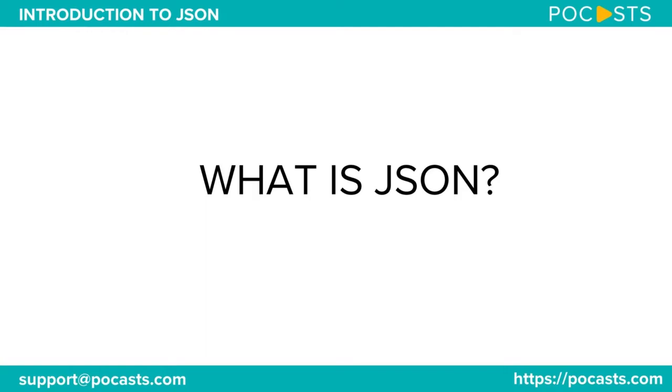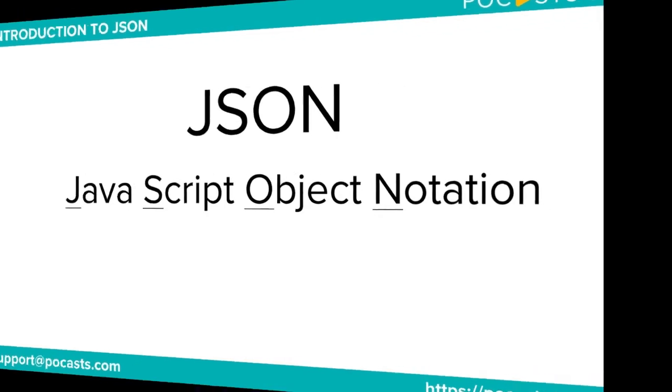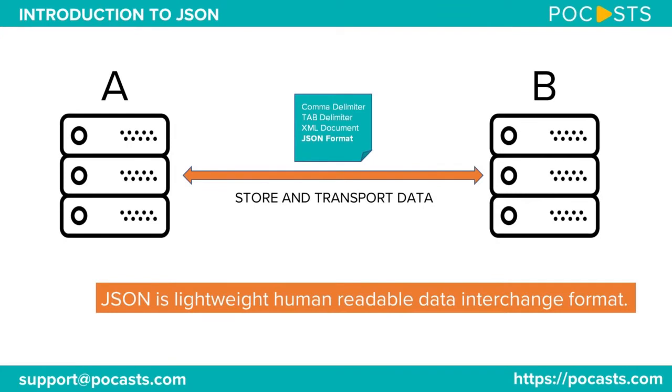So let's understand what JSON is. JSON stands for JavaScript Object Notation. That's the full form of the word JSON. JSON is lightweight, which means the size of the JSON is small. It's human readable, meaning once you see a JSON, you will be able to read it by yourself.